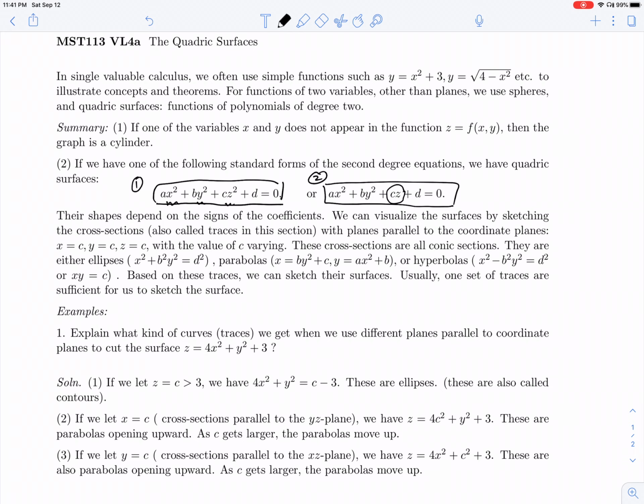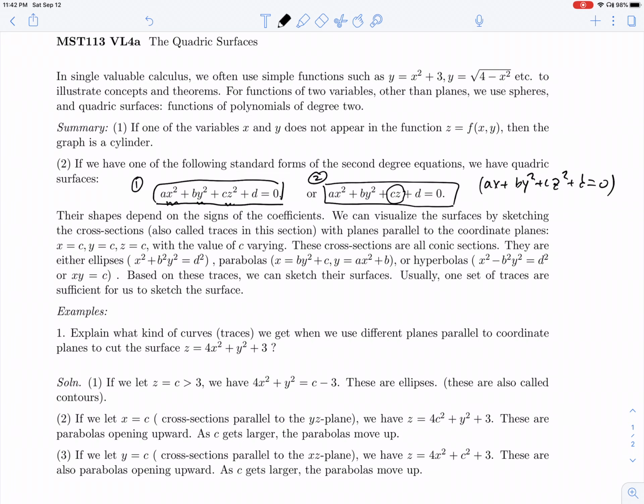And more generally, we can have something like this. For example, ax plus by squared plus cz squared plus d equal to 0. Then, if you have something like this, it also belongs to category 2. It's just now your x is the z variable, right?